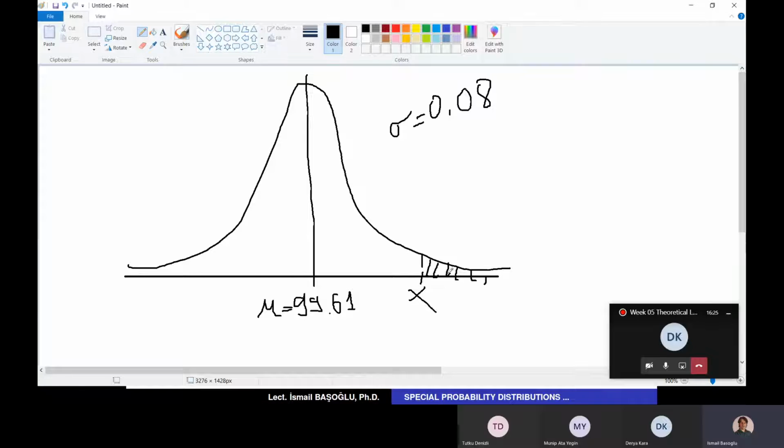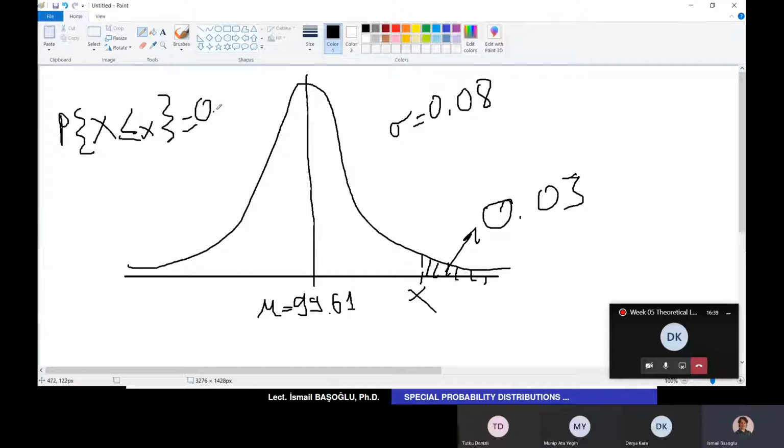only 3% of the population exceeds that value. So what is this X? It is being asked that the probability of X being less than or equal to that X value should be equal to 0.97. So the question is asking this.